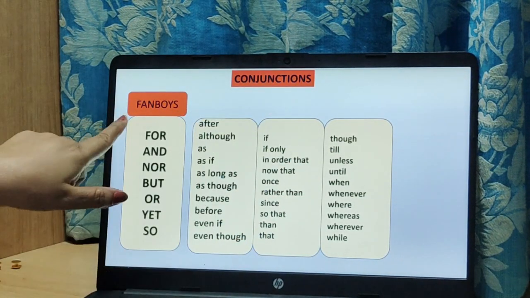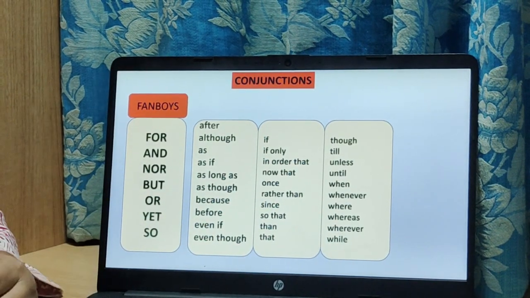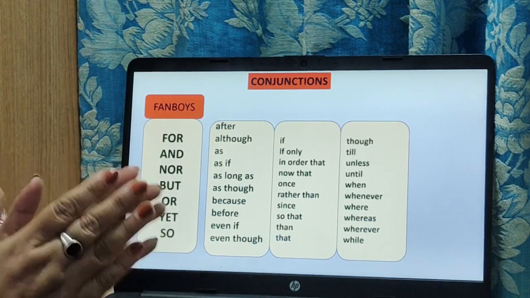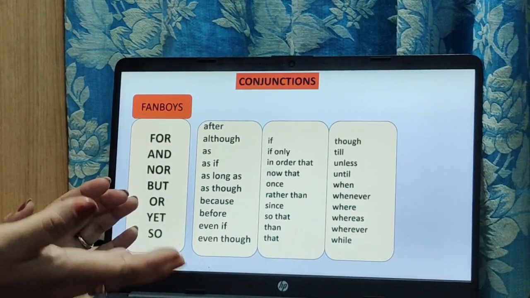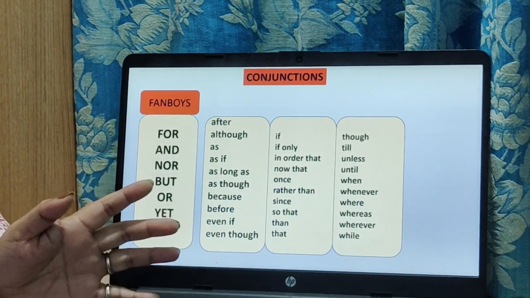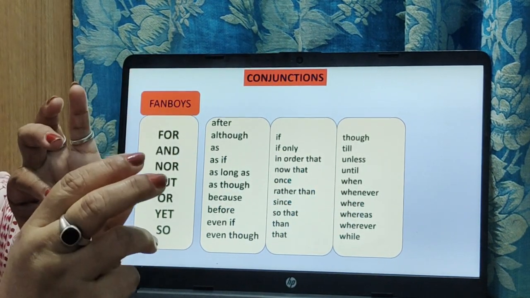Like for FANBOYS, they are using sentences like, I went to the zoo and he went to the market. So "I went to the zoo" is actually equal in value to "he went to the market". So I am joining both of them with "and".